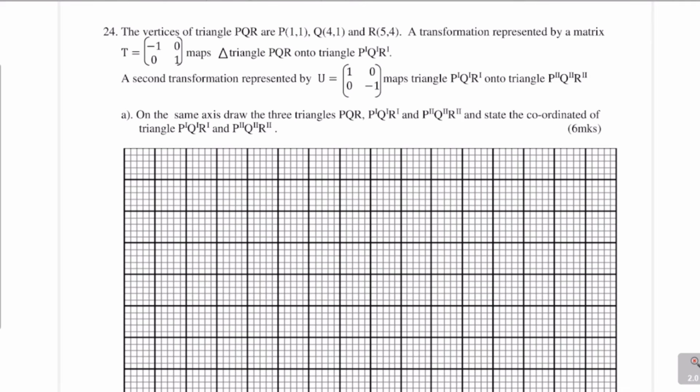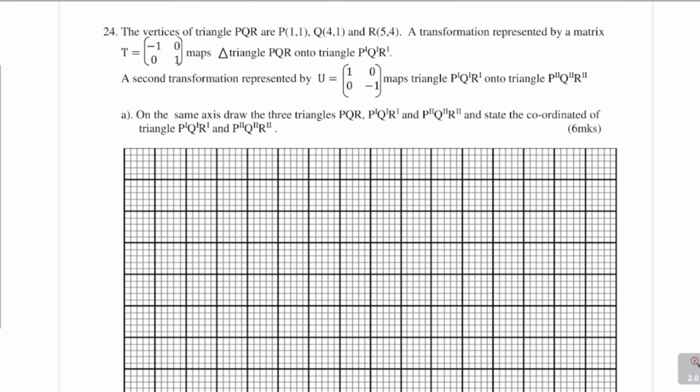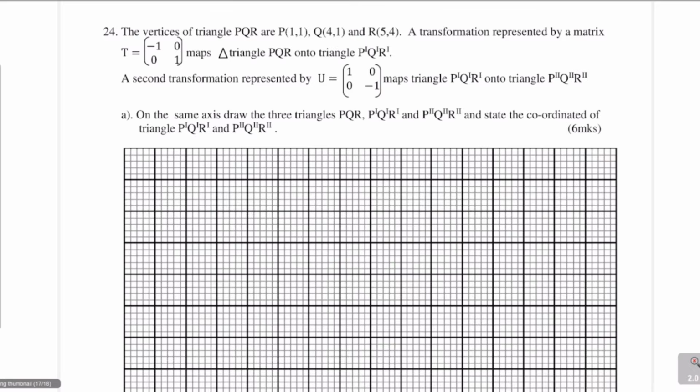We start with getting the images. So we have two transformations. The first one is represented by matrix T. So T transforms triangle PQR into P prime, Q prime, R prime, so we need to multiply. The matrix T is -1, 0, 0, 1.